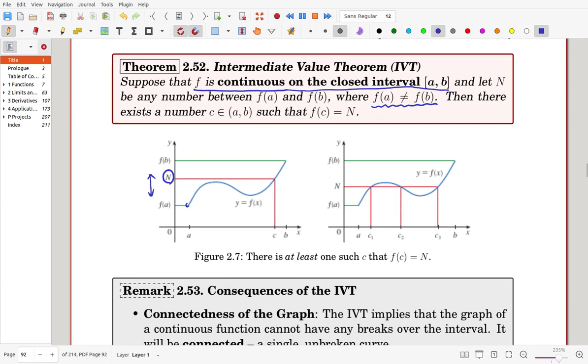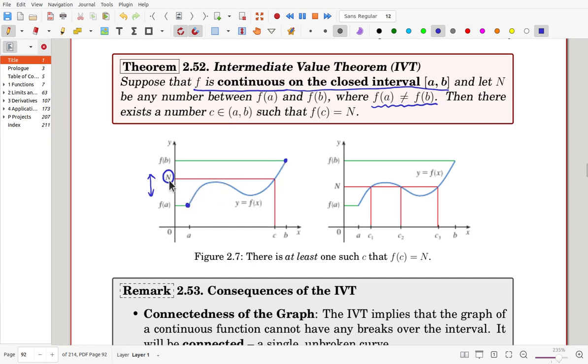So the function is defined from here to there. A continuous function means that it is connected. And earlier we started with continuity: once there is no break, then we say the function is continuous.